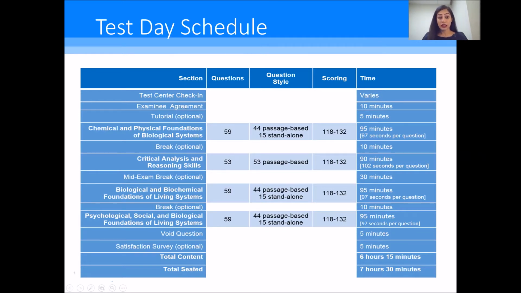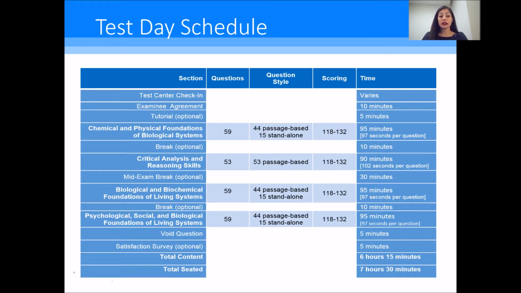Once you check in, they guide you to your seat and you go through an examinee agreement, where you read through certain text that they give you. Basically, it tells you that you cannot share the information on your exam with anyone else, and you sign off on that. So I believe it's legally binding. That's 10 minutes long. After that, you go through a 5-minute optional tutorial.